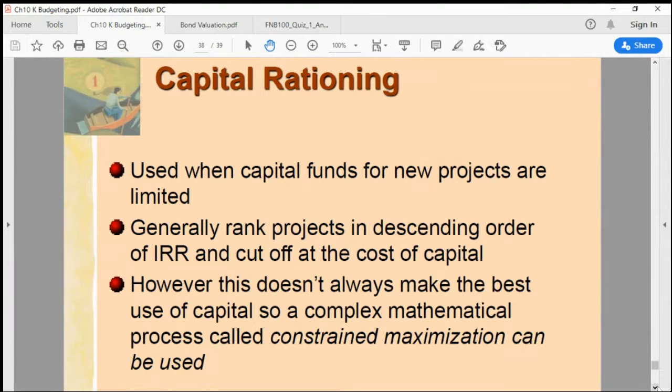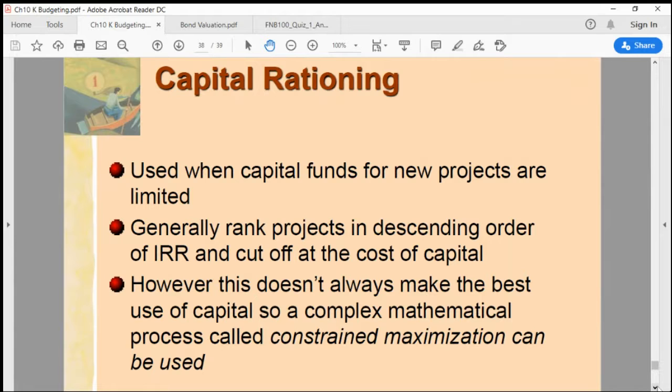If you have $10 million and there are like 10 competing projects, not all of them can get the funding, right? Because each project's initial investment is 2 million, 3 million, 4 million, 5 million, right? And how do you prioritize? In other words, how do you stack them up?